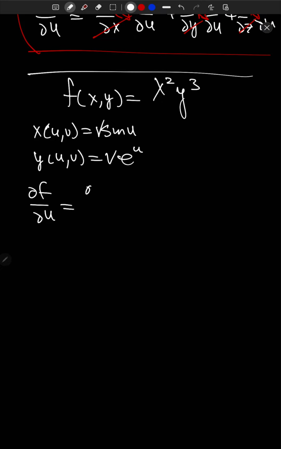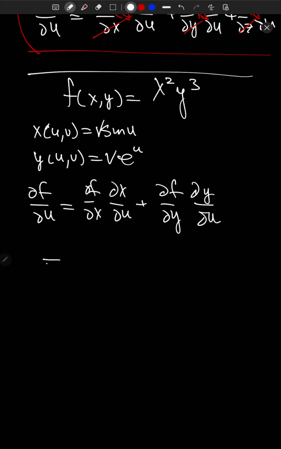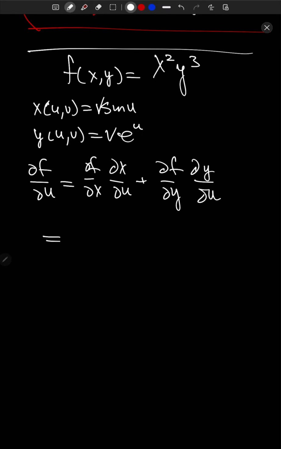Well, df/du is going to be df/dx dx/du plus df/dy dy/du. That's going to be df/dx, 2x y cubed, times dx/du, which is v cosine u, differentiating this guy here.